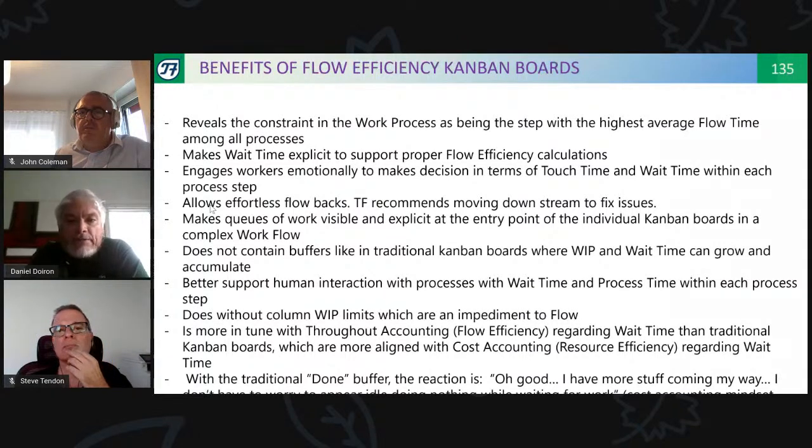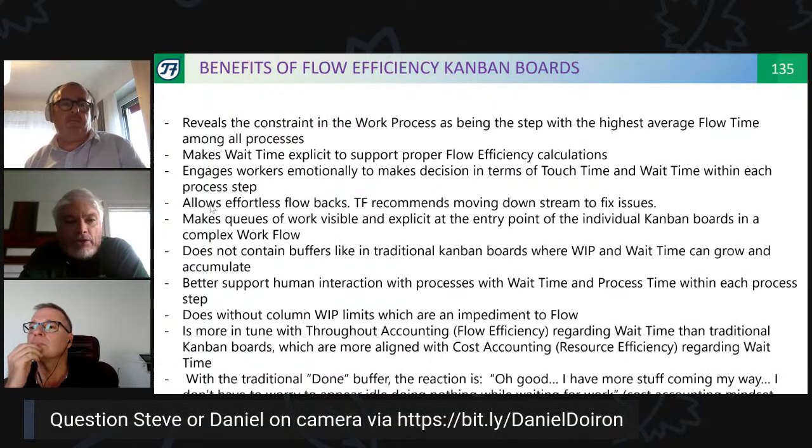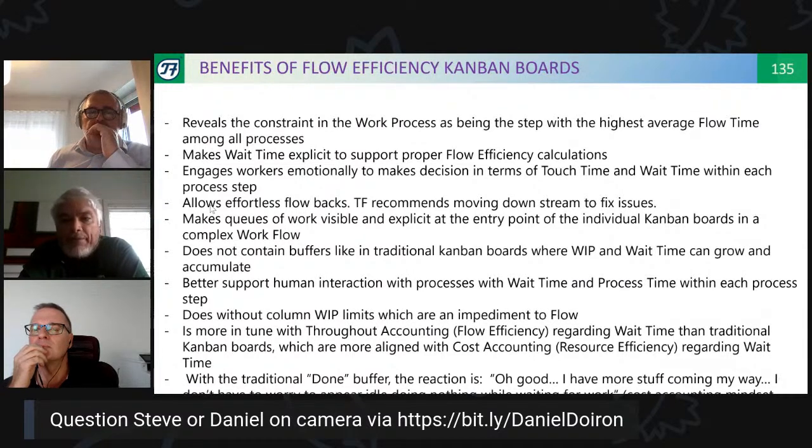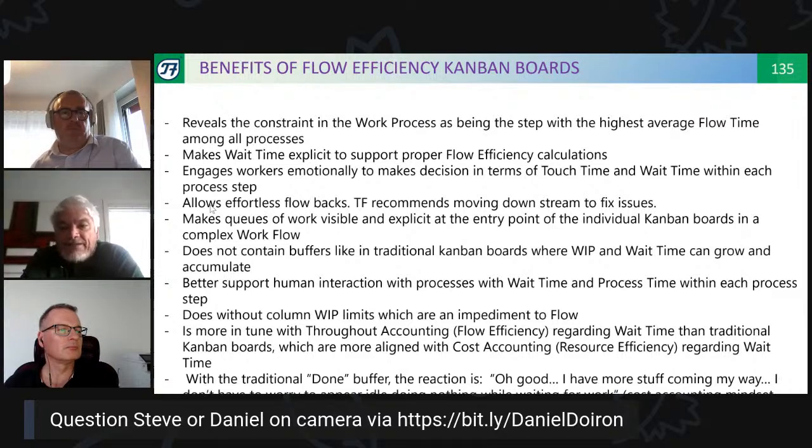Of course, TameFlow recommends moving downstream to fix the issues. They make work visible and explicit at the entry point of the individual Kanban boards in a complex workflow. They do not contain buffers like traditional Kanban boards, where the WIP and wait time can grow and accumulate. They better support human interaction with processes, with the wait time and process time within each process step.